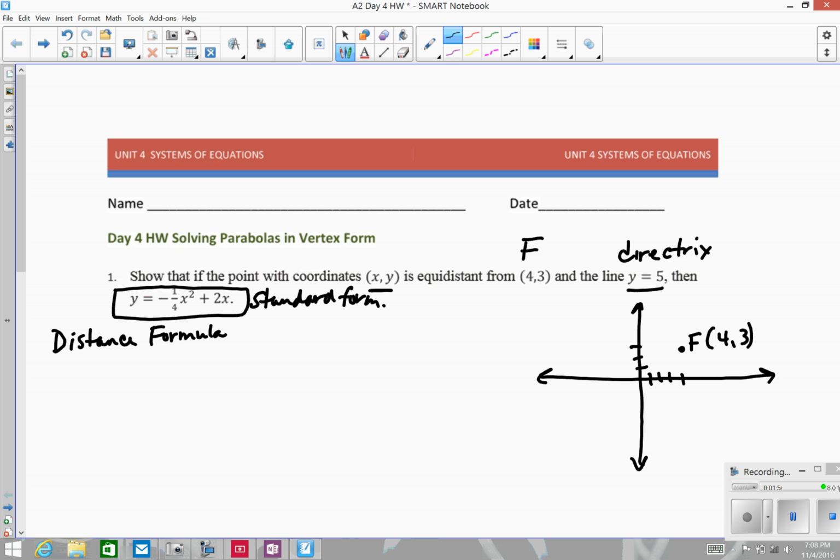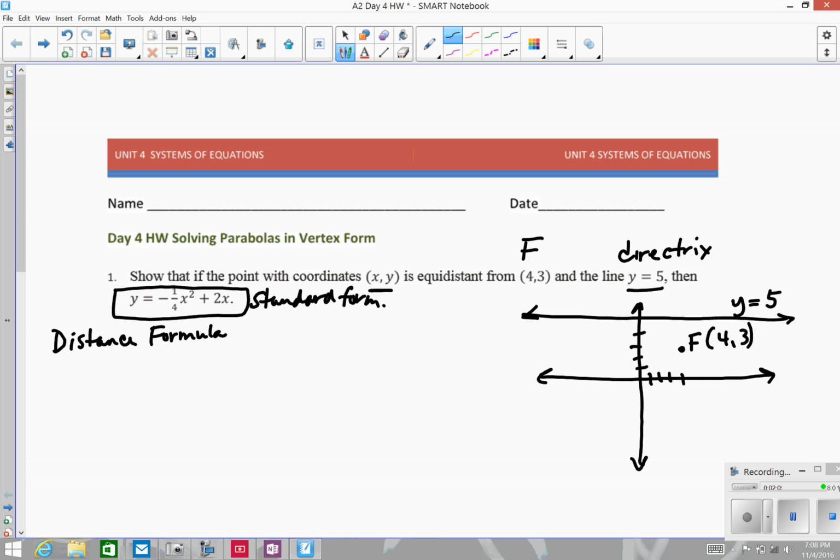And the directrix I want to plot also, that's at y equals 5. So there's 3 high, 4 high, 5 high. I'm going to estimate here. This is y equals positive 5.